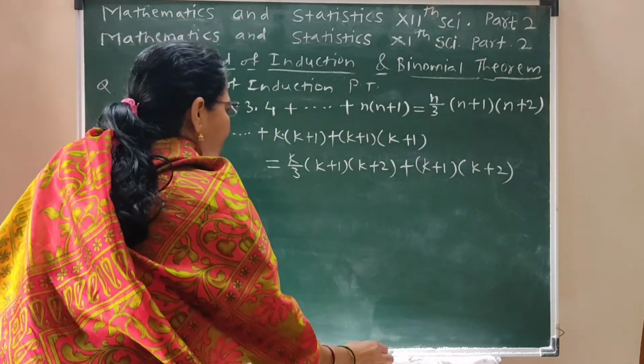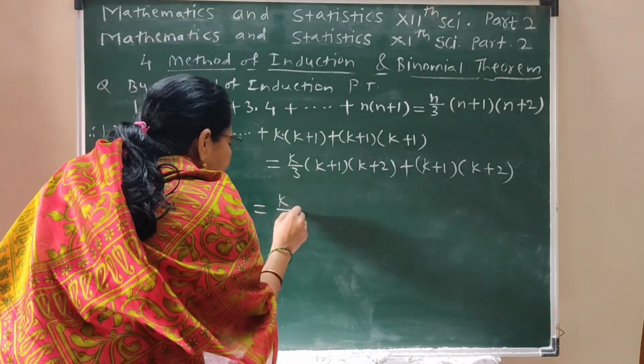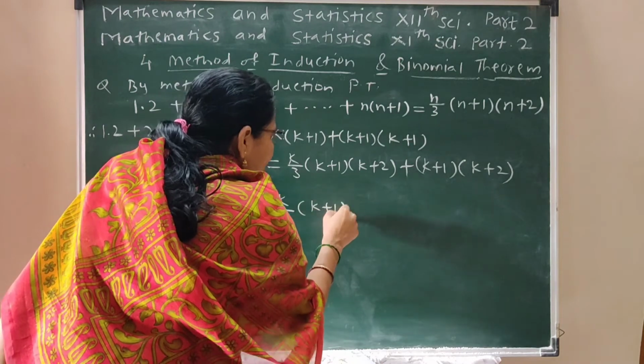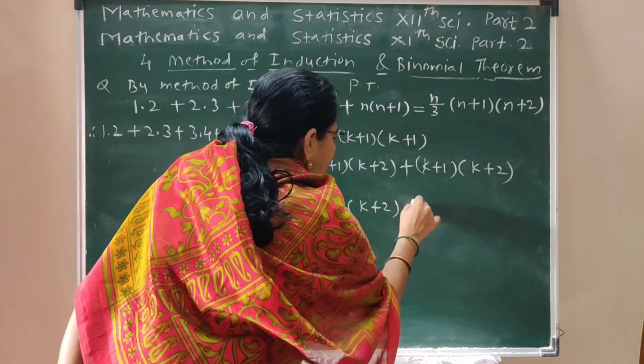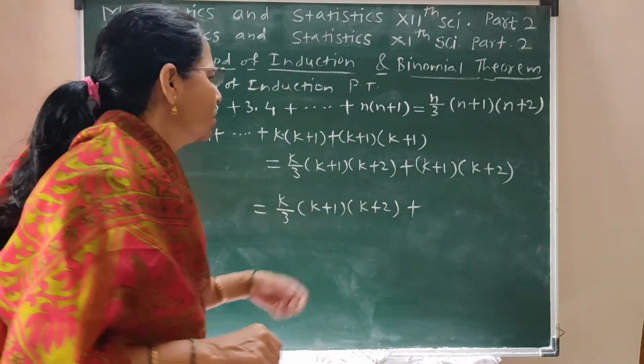Next step is k by 3, k plus 1, k plus 2. Now here is denominator 3.